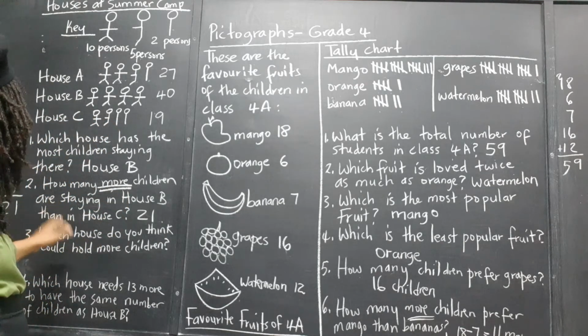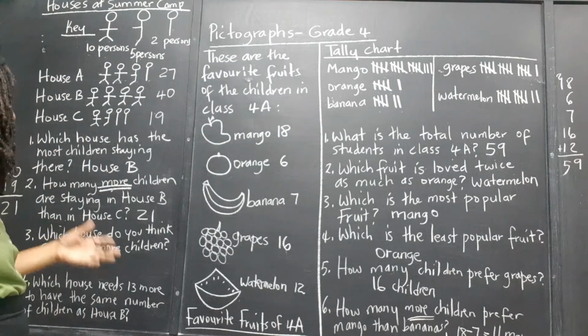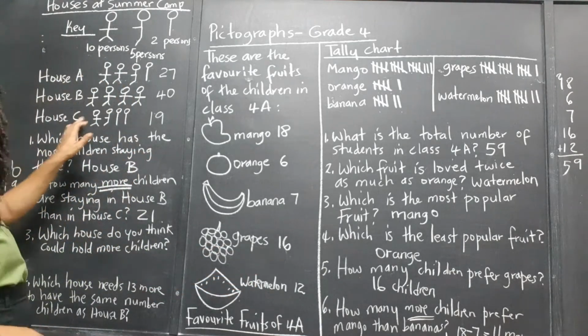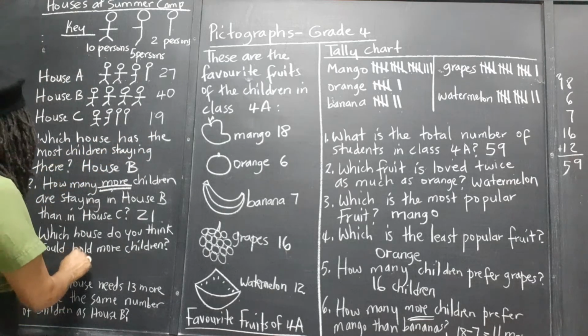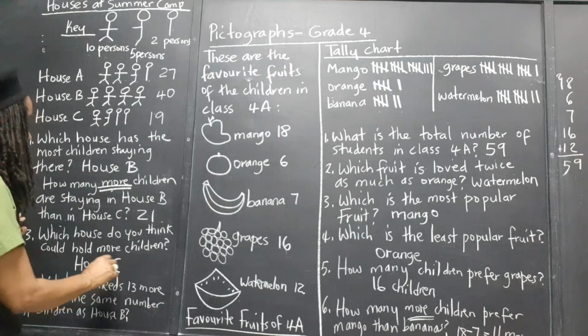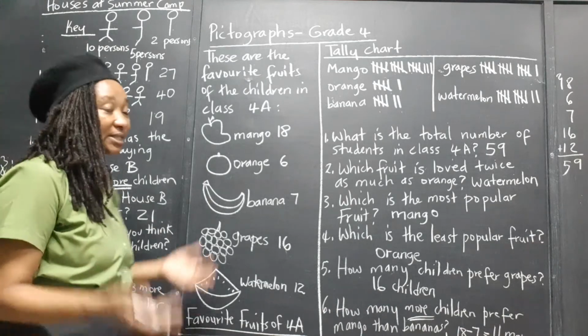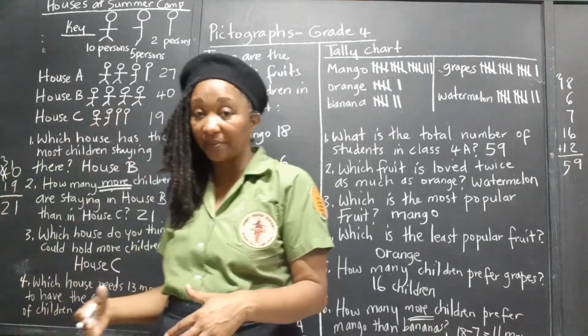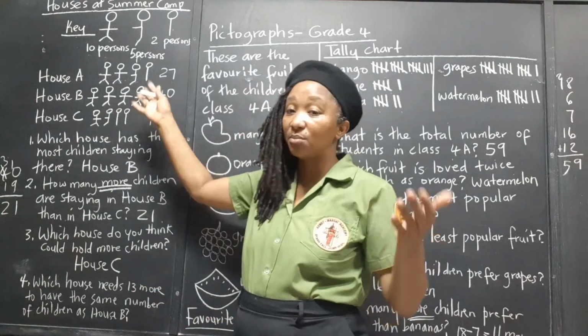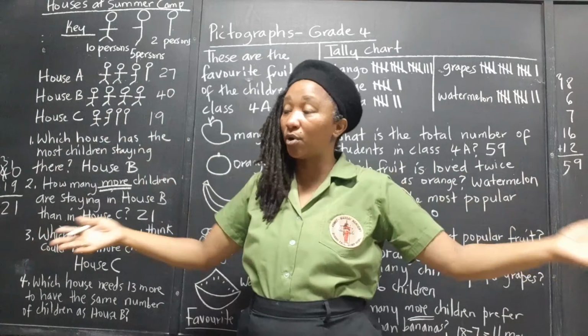Number 3, which house do you think could hold more children? Well, just looking at the numbers, I'm saying house C because it has the least number. We don't know if it's a case where house C is just a tiny, tiny little building, and house B maybe has the most space and can even hold more. We don't know.